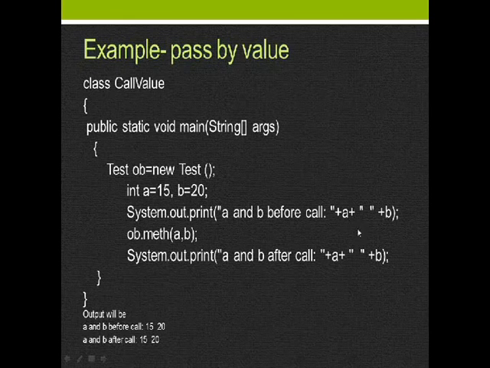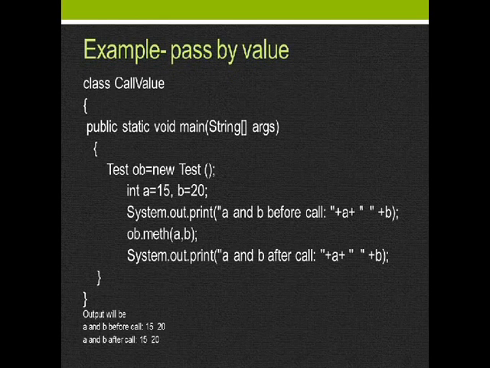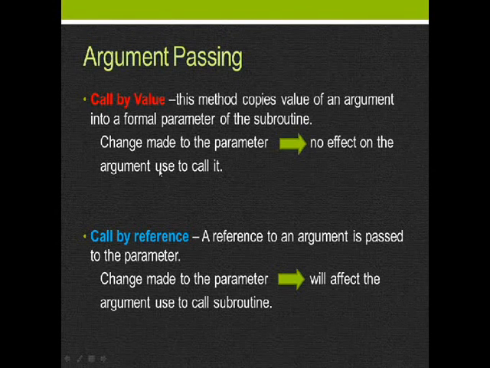The values 15 and 20 will be printed, and we call our previous function math. Now ob.math(a, b), and after calling the function, let us see the status of values a and b. This is the same, that is why we said that changes made to the parameter have no effect on the argument used to call it.